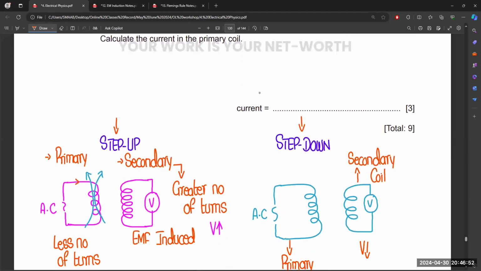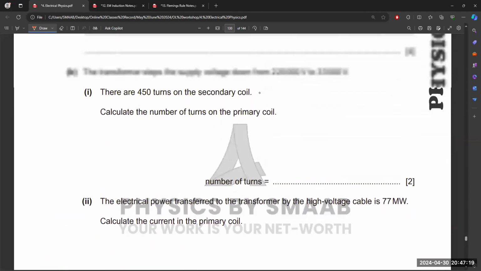So from the primary coil, these magnetic field lines transfer to the secondary coil with the help of the soft iron core, because soft iron can be easily magnetized and easily demagnetized. So it helps to transfer the magnetic field lines through a long distance and it can easily interact with the secondary coil. And due to change in the magnetic field lines, EMF is induced in the secondary coil.